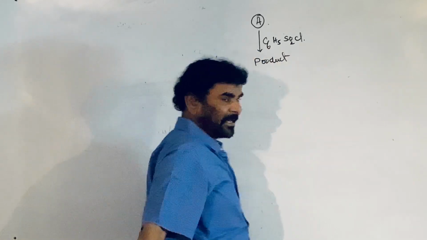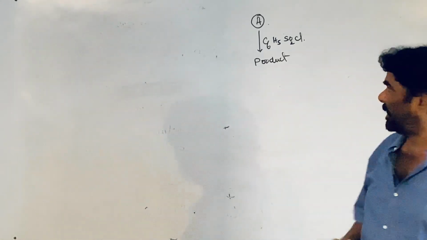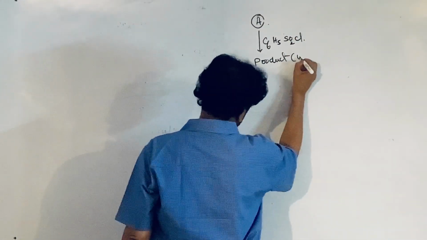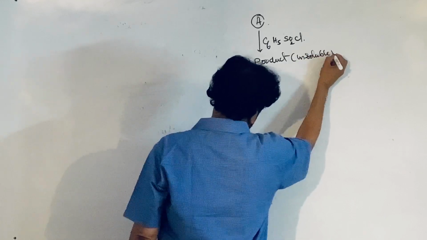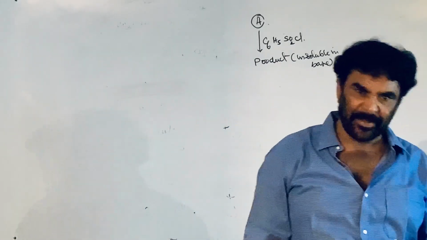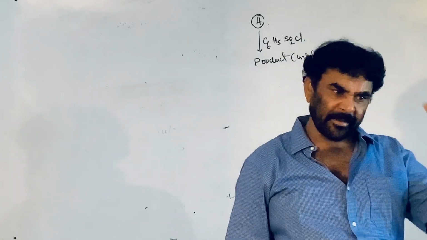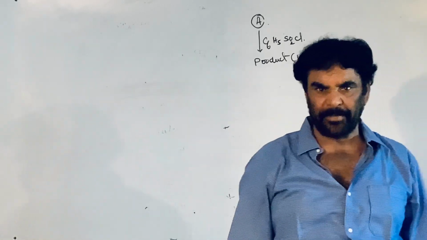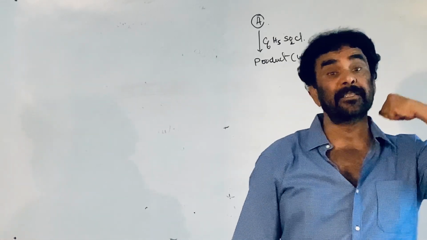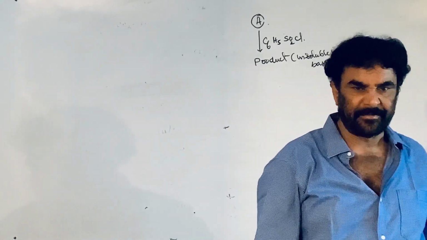Primary and secondary amines react with the benzene sulfonyl chloride, but tertiary amines have no reaction at all. Therefore, it is a primary or secondary amine. Then product is formed, and the condition given is insoluble in base, alkali. Primary amine on reaction with benzene sulfonyl chloride gives a product that is soluble in sodium hydroxide. Secondary amine reacts with benzene sulfonyl chloride, and the resultant product is insoluble in the base.